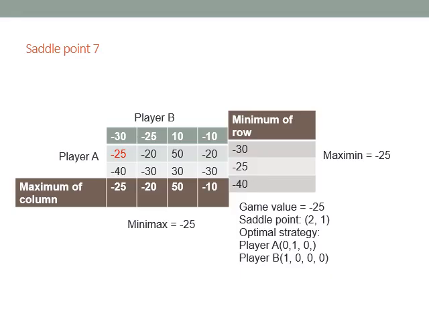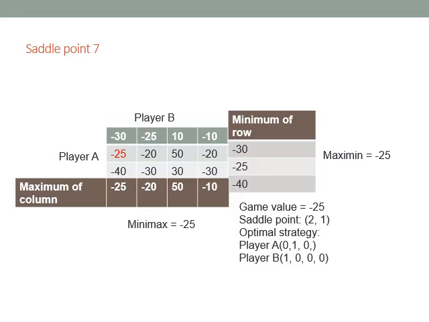Then the optimal strategy for player A is 0. He will not choose strategy number 1. 1, of course, and 0. 0 for strategy 1, 0 for strategy 3, and that's all.